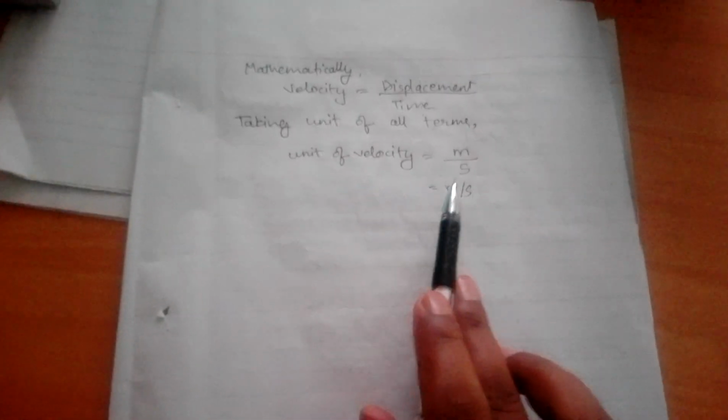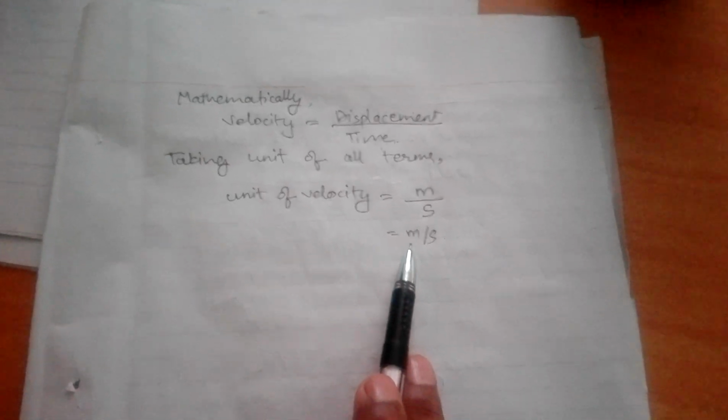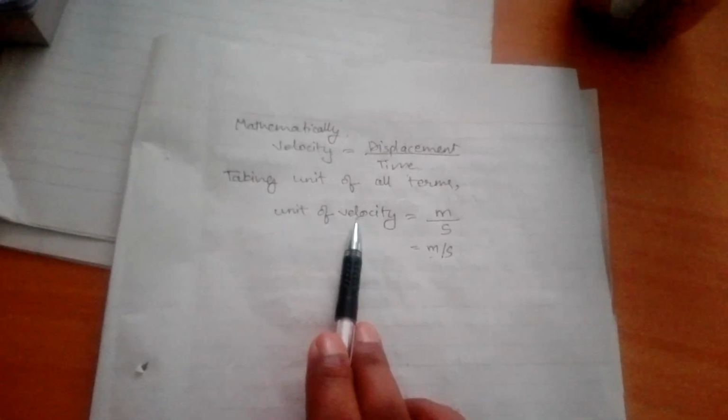So the unit of velocity is meter per second. And the unit of speed is also the same, meter per second. Here you can see that the unit of velocity depends on two other fundamental units, meter and second. You can say the unit of velocity is a derived unit.